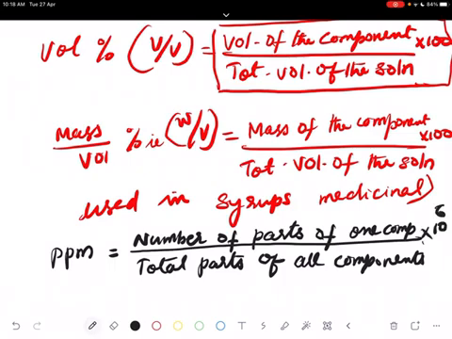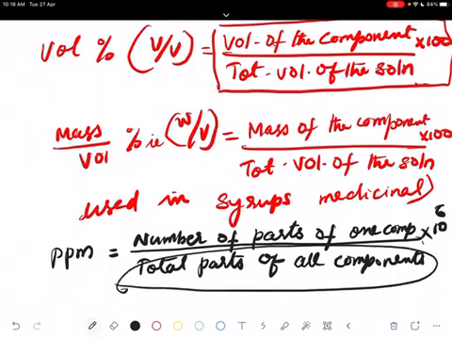You may be getting the value in 100 grams, but you are finding it for 10 to the power 6 grams of the solution. Suppose they are telling that 5 gram is present in a total of 100 gram. But we are not telling in 100 gram, we are telling in 10 to the power 6 gram of the solution.